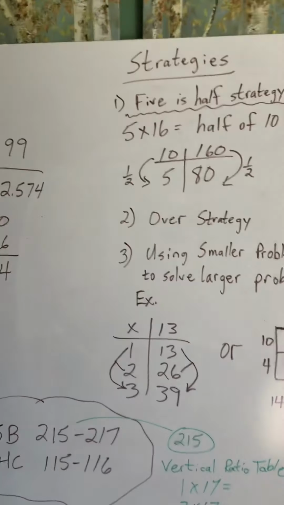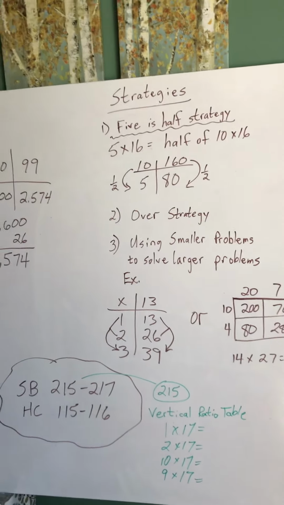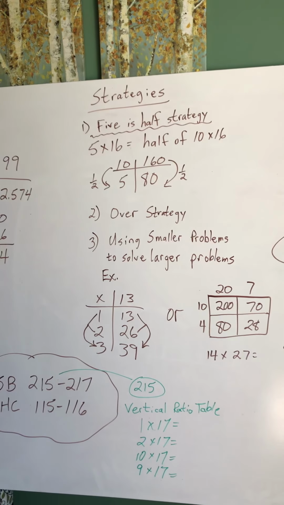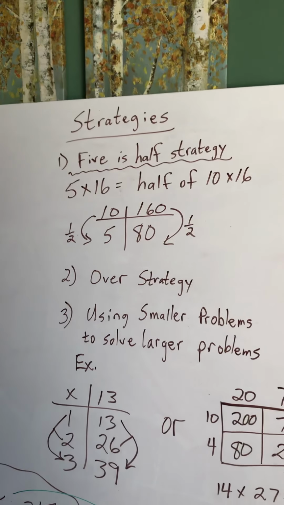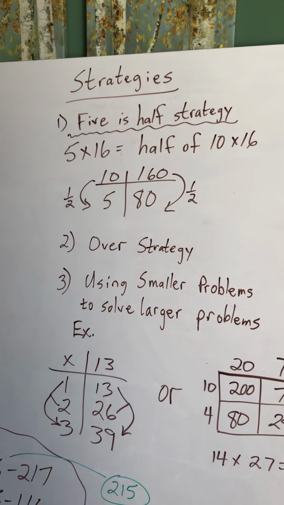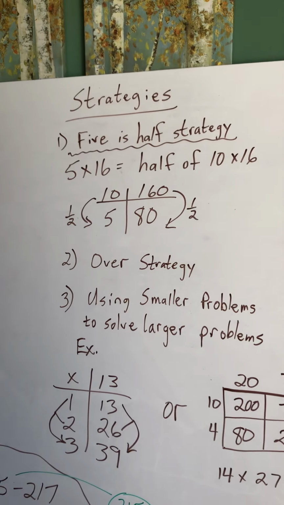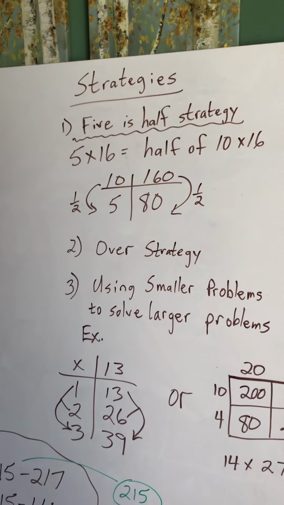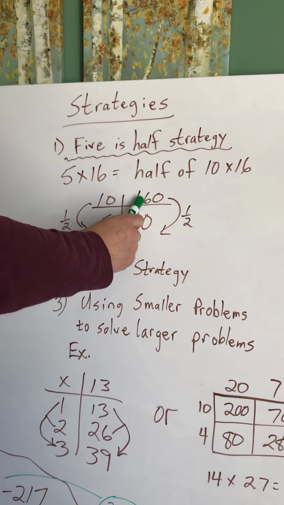So now in the middle here, Bridges talks about different strategies, and one of them is the 5 is half strategy, which just means if you're doing a number like 5 times 16, you can think, well, I'll just do 10 times 16 and cut it in half. It does work, see? 10 times 16 is 160.